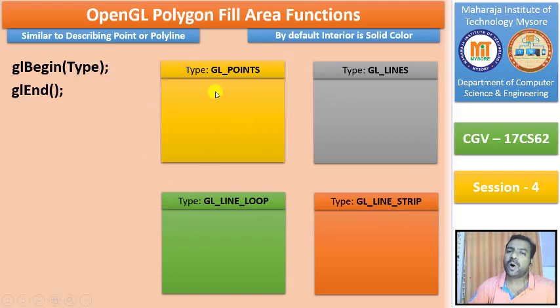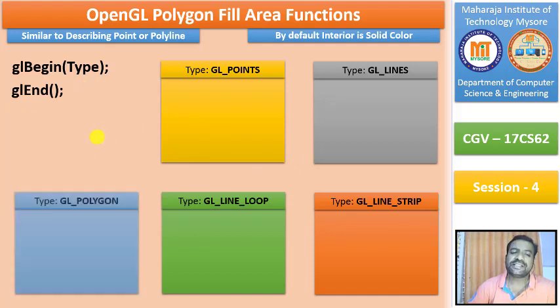You should clearly know how these four work when I pass GL_POINTS or GL_LINES as a parameter for glBegin, and so on. The new constant for glBegin that we introduce is GL_POLYGON, and this should be the new type for you right now.